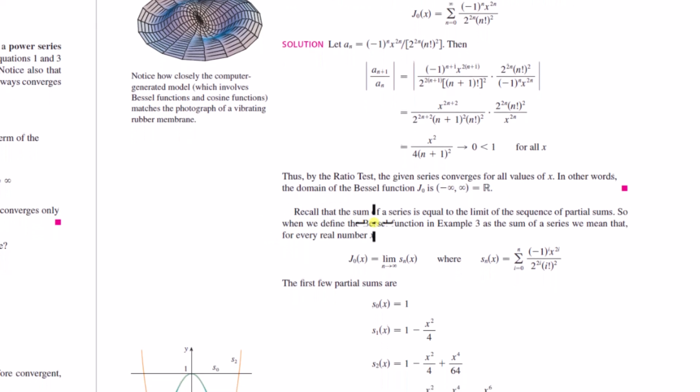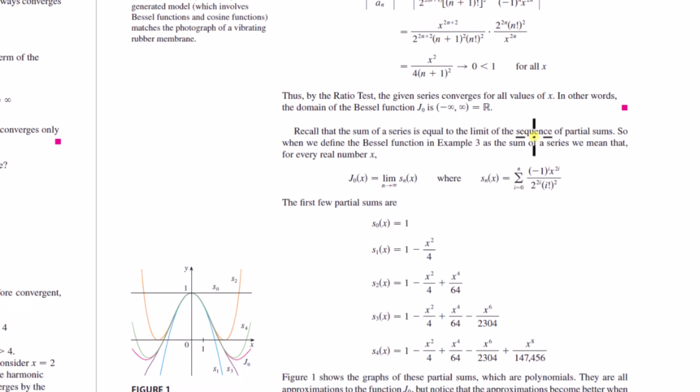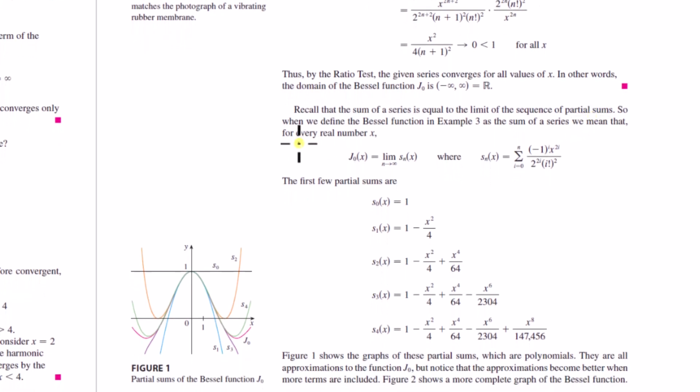All right. Recall that the sum of a series is equal to the limit of the sequence of partial sums. So when we define the Bessel function in example 3 as the sum of a series, we mean that for every real number x, we can absolutely think about a series as having a corresponding S sub n sequence.